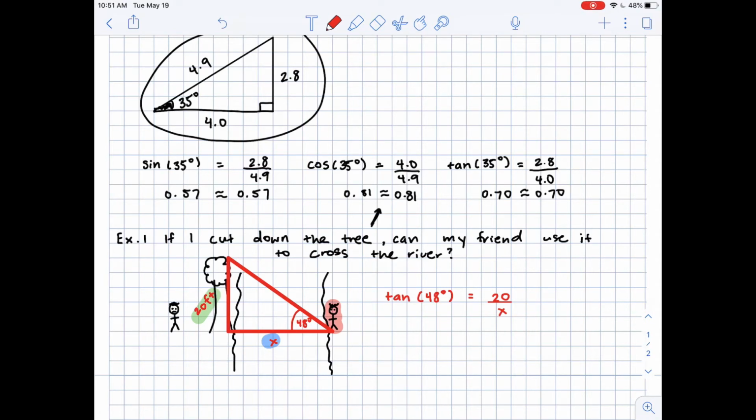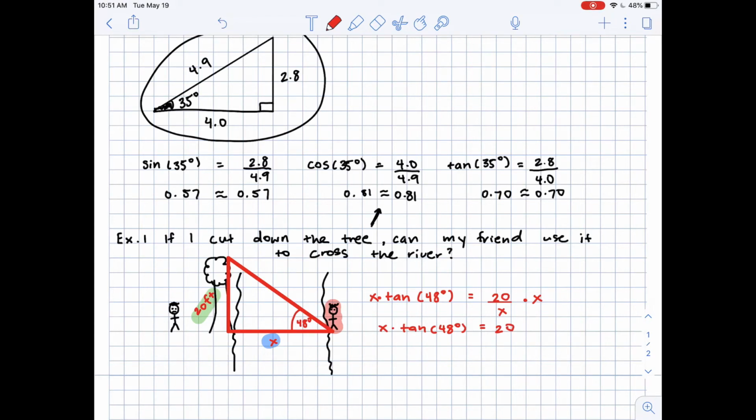Now, we're solving for x. What is the width of the river? Okay. So, x is on the denominator. How do we get rid of x on the denominator? Multiply x to both sides. X times the tangent of 48 degrees equals 20.